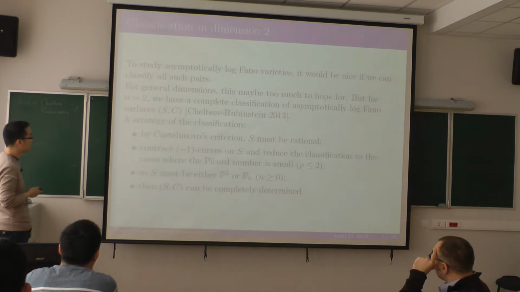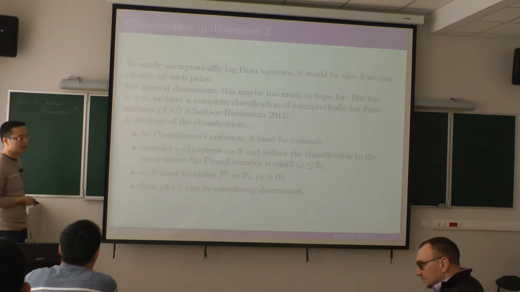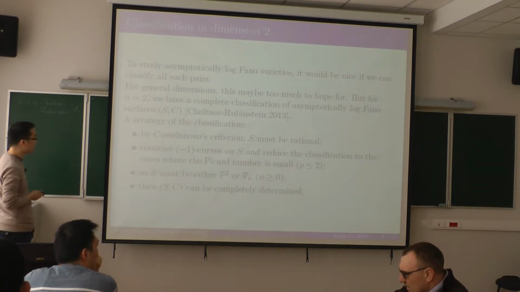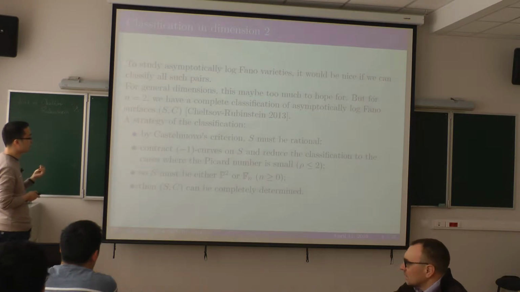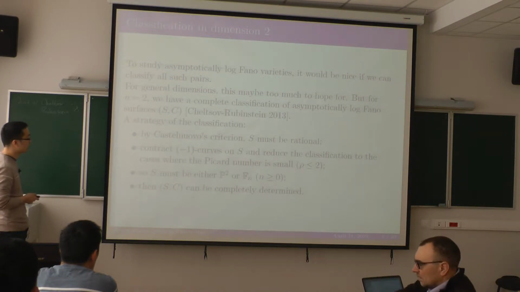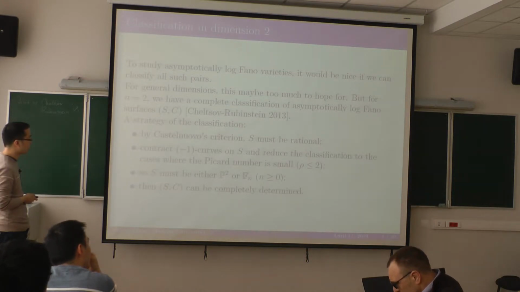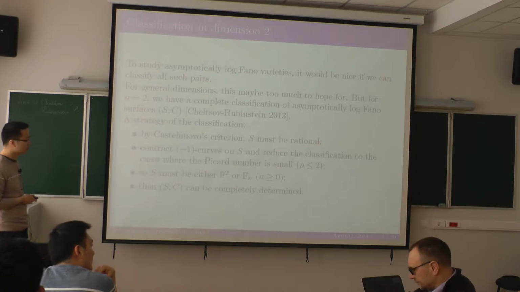The first step is to show that the surface must be rational by using some vanishing theorem. Then we can consider -1 curves on these surfaces, and we try to contract these curves, and we decrease the Picard number so that it is relatively small, and then we can see that the surface must be either P2 or Hirzebruch surfaces.